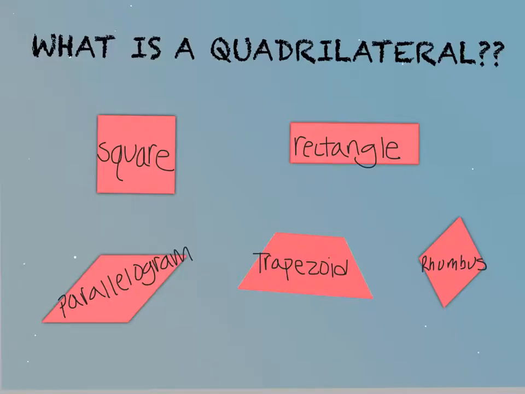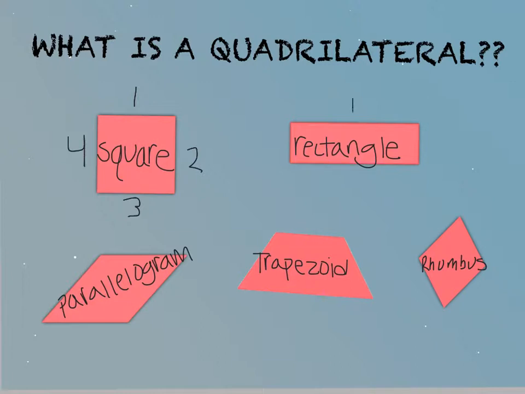First, we're going to talk about what a quadrilateral is. A quadrilateral is a shape that has 4 sides to it. Now, all 5 of these shapes are different, but yet they all have 4 sides. As you can see, this is a square and it has 1, 2, 3, 4 sides.